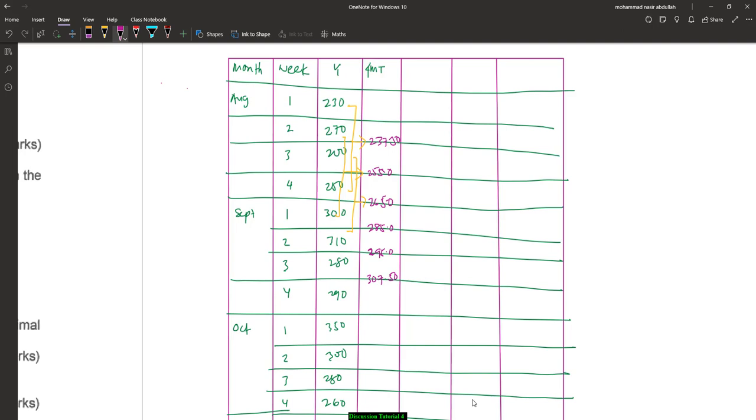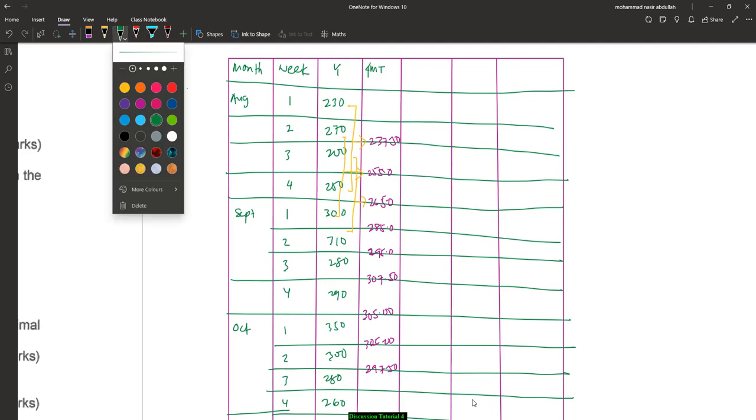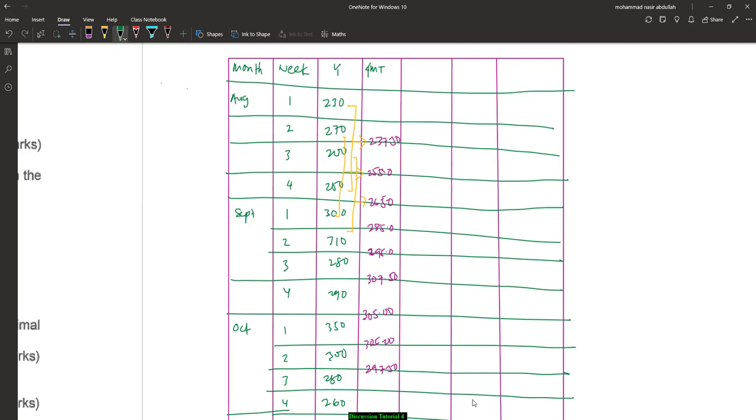This one how much? 307.50. This is 305.00. This is 305.00, and the last one is 297.50, right? And then the next step is we are trying to make it yang dekat atas line ni kita nak letak center, for moving center, right? So kita ambil dua ni, kita letak dekat tengah. Kita ambil dua, letak tengah.